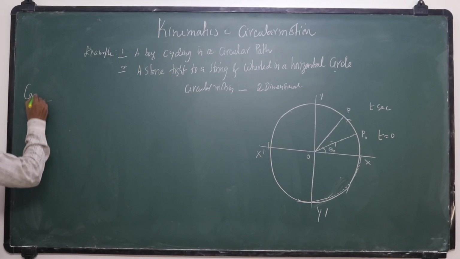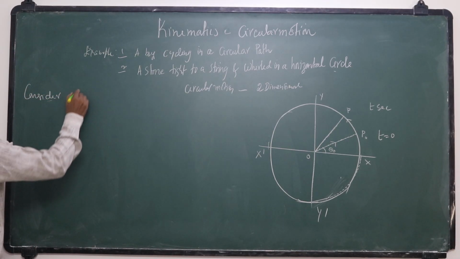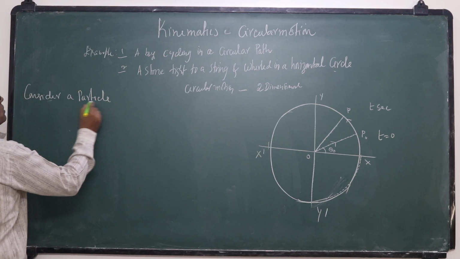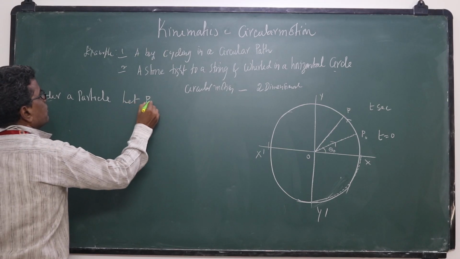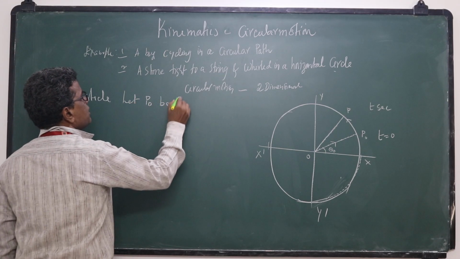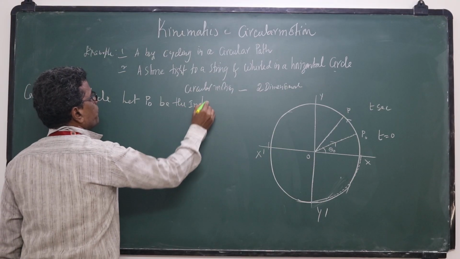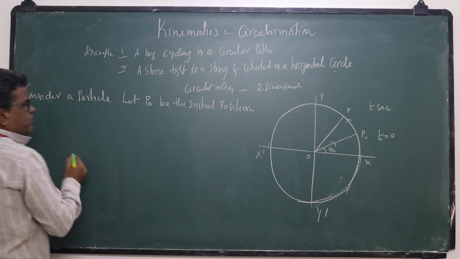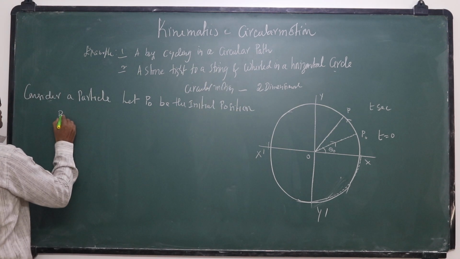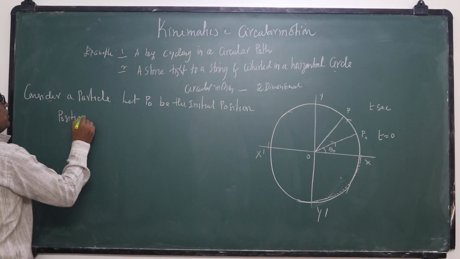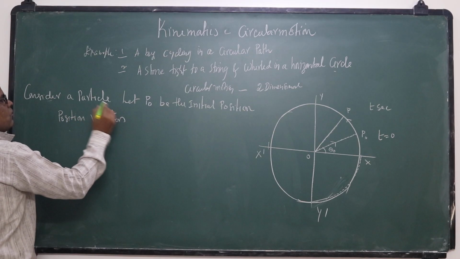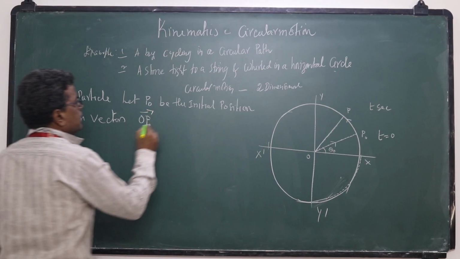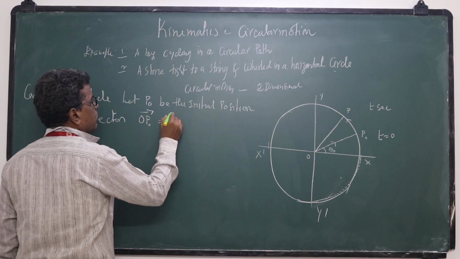I consider a particle whose initial position is P naught. The position vector is represented as OP bar, which I take as R bar.